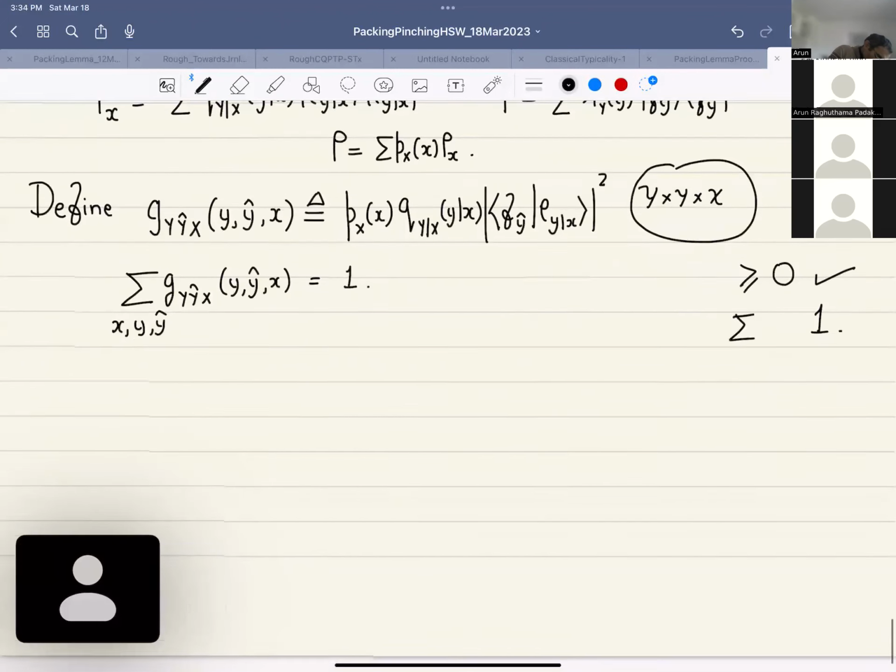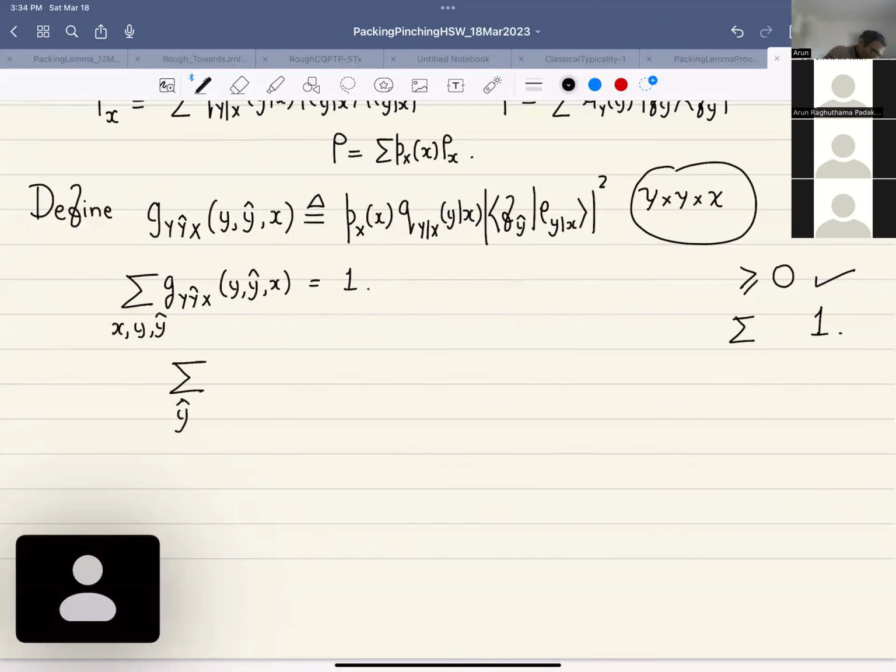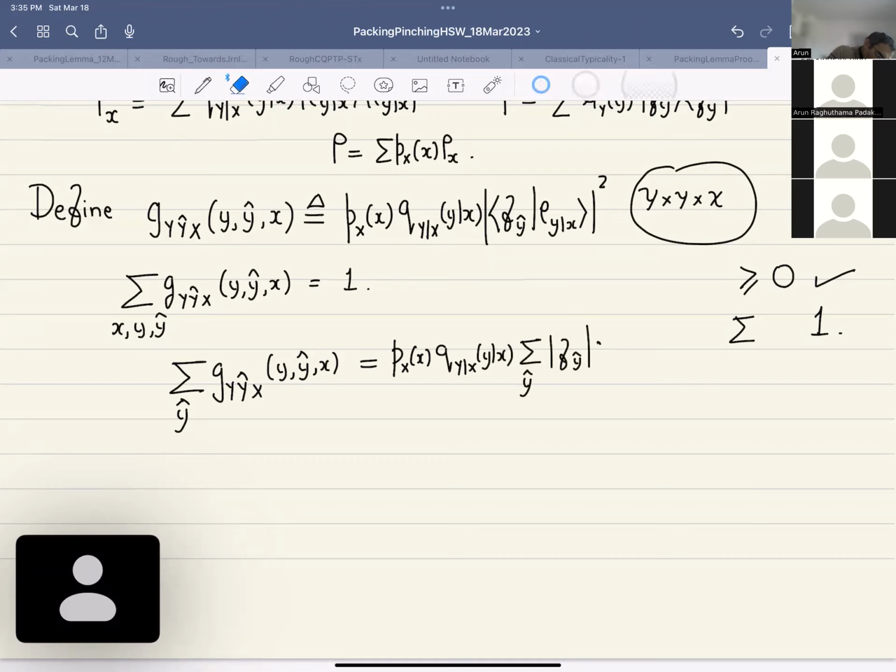Let's first sum over y hat. Doesn't matter in which order you sum, right? So let's just sum over y hat of g of y comma y hat comma x. What is this? I'm going to get Px of x, Qy given x of y given x, times the summation over y hat of f y hat squared, Ey given x.